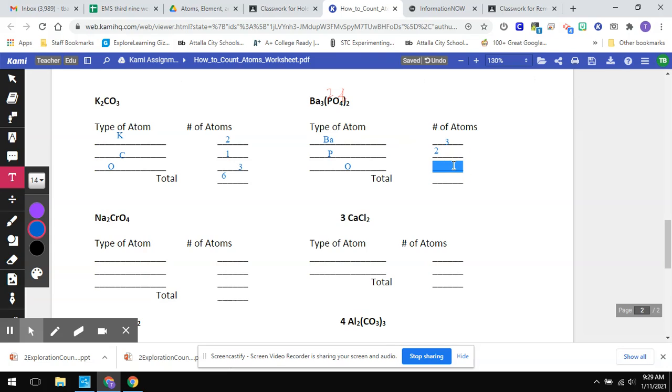And then for the oxygen, we also had to go the exterior subscript times the interior. So 2 times 4 is 8. And if we add all those atoms together, we would say 8 plus 2 is 10, plus 3 is 13. So we have a total of 13 atoms in that.